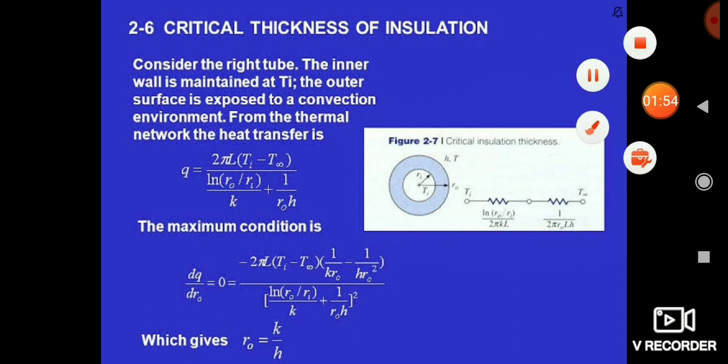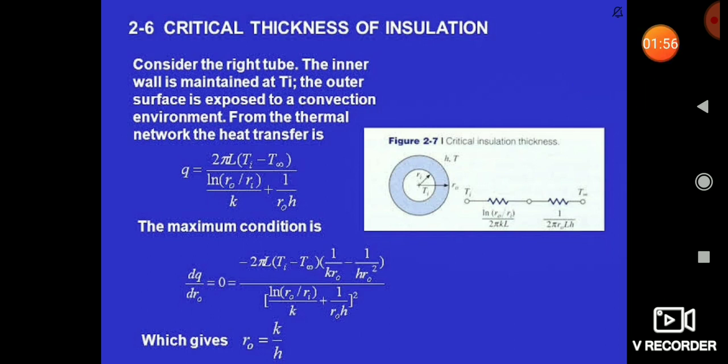So friends, you see that here it is assumed that one cylindrical shape conductor is kept in an atmosphere and it has an inner radius Ri and outer radius R0. So friends, when we are providing insulating material to that conductor, then it causes the case of both conduction and convection.